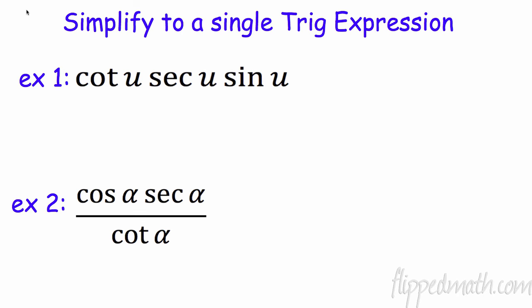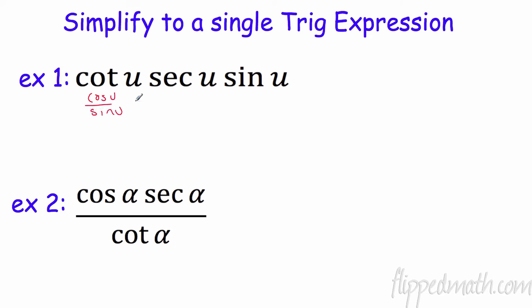So, let's talk about identities here. Let's do this first one. We want to simplify this to a single trig expression or any kind of expression. Let's see what we can do. The first thing I like to do, and we'll talk about tricks in a minute, is write it in terms of sine and cosine. The less I have to compare, the better off it's going to be. So I know that cotangent u is just cosine u over sine u.